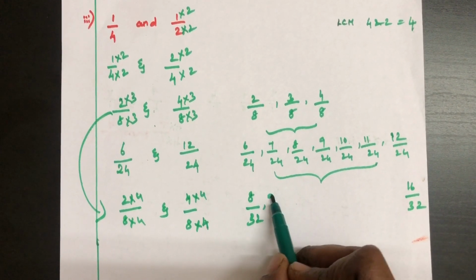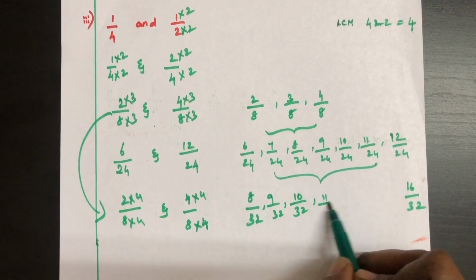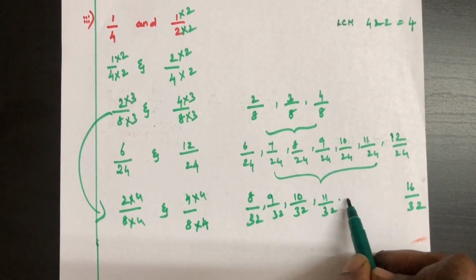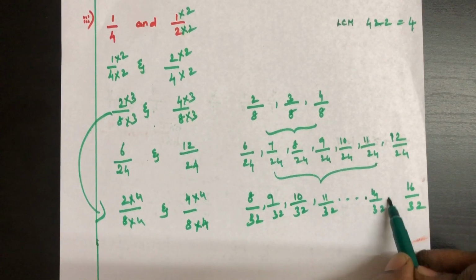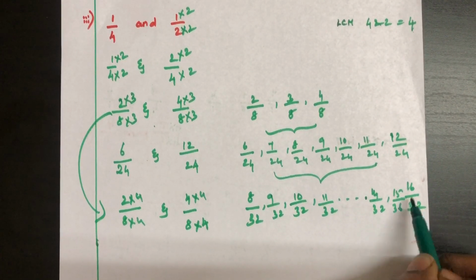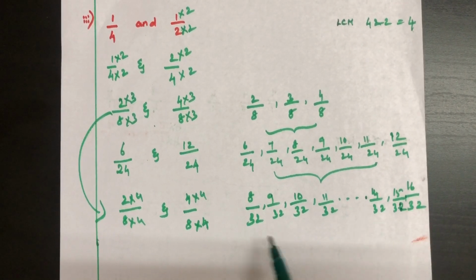So what will come? 9 by 32, 10 by 32, 11 by 32 and so on, 14 by 32, 15 by 32. So here more number of rational numbers will come in between these two numbers.